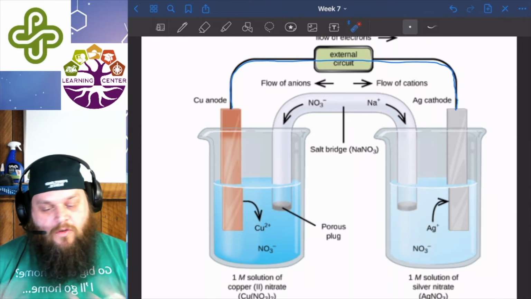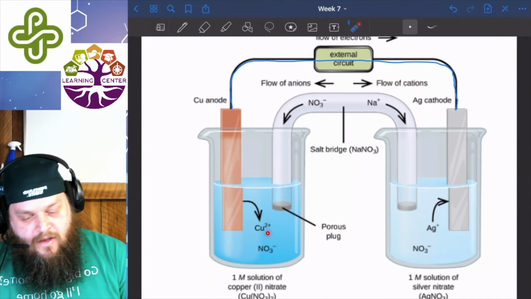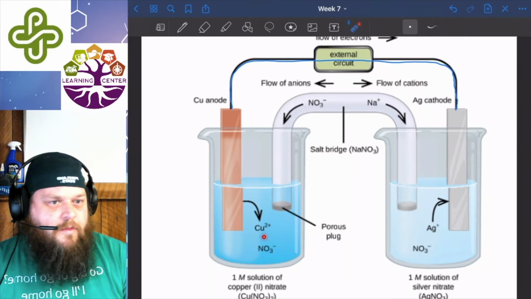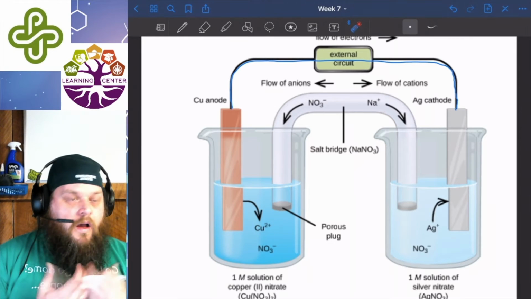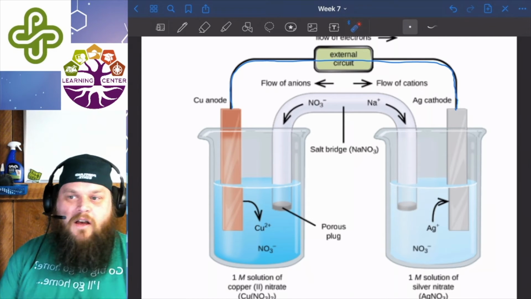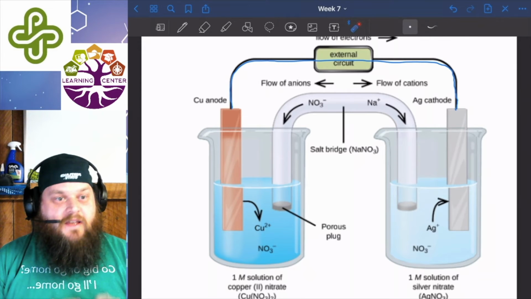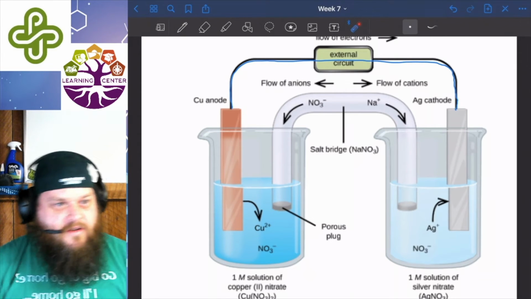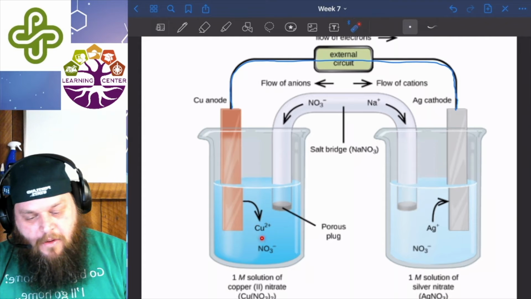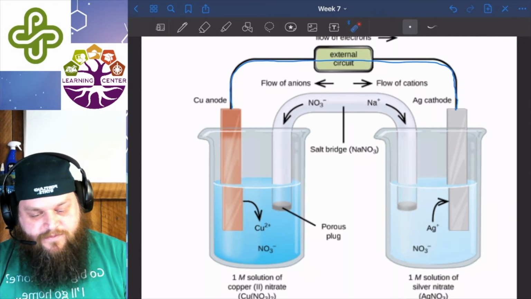Because it's going to lose some of its electrons, and once it loses its electrons, it becomes copper 2+. That copper 2+ is going to become aqueous. It goes from a solid, because a solid copper is not soluble in water, but copper 2+ is because of that charge. So it's going to be floating around in that solution along with these nitrates that are here.